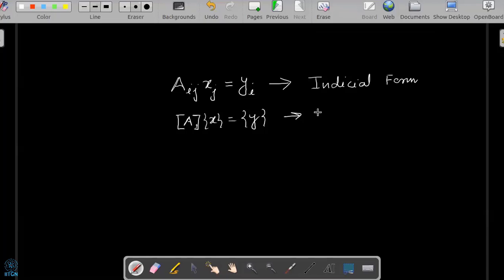This is denoted as the matrix notation. And simply A x is equal to y, this is tensor notation or symbolic notation.